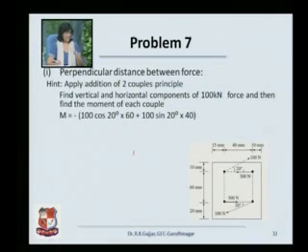The first part is slightly tricky because you have the 100 Newton force which is inclined at an angle of 20 degrees with the horizontal. So one option would be to find the perpendicular distance between these two forces, for which you will have to go into all your trigonometry, sine and cosine components, and then 100 into that particular distance will be the moment of the couple.